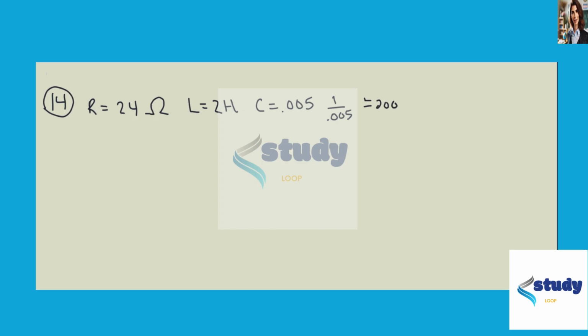We also know that Q of 0 equals 0.001 and Q prime of 0 equals 0.